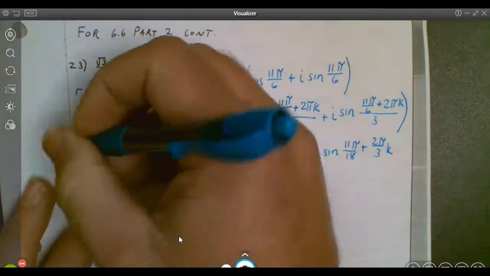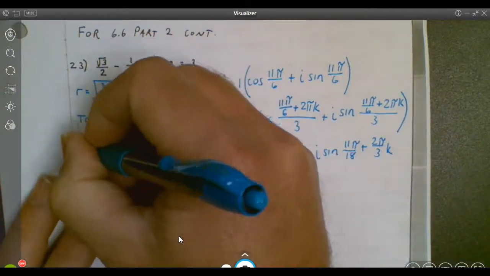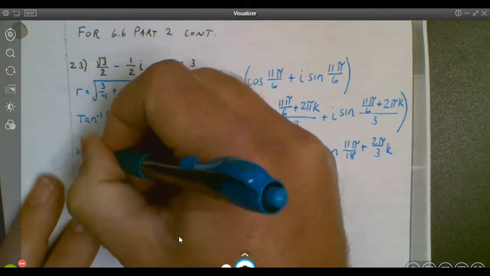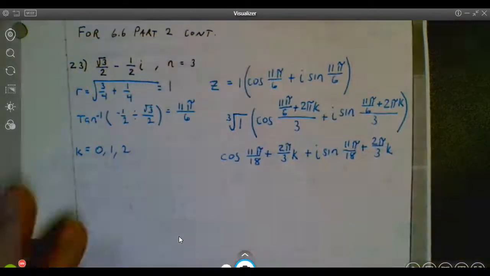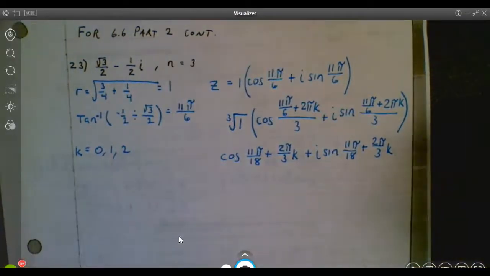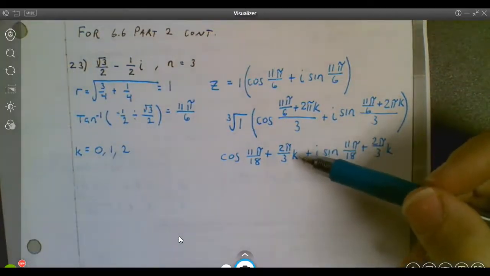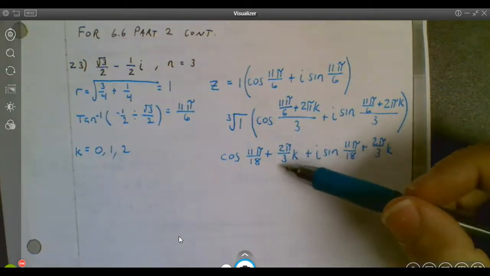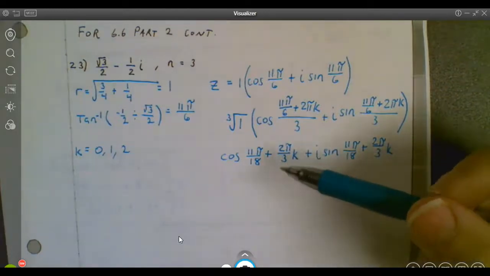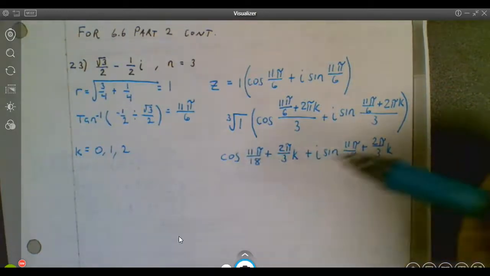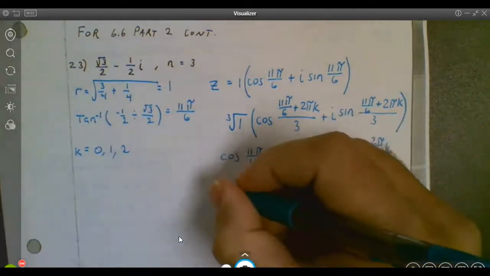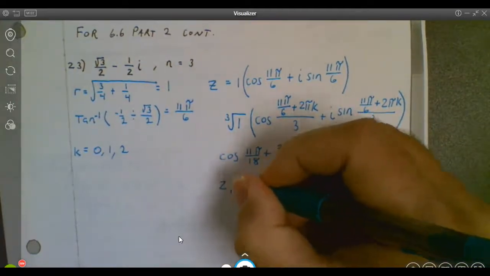So if n equals 3, then we're going to use 0, 1, and 2 for k to get our 3 roots. And we always start with 0 because I want the initial angle. I don't want to take any laps around the circle yet, so I'm going to plug in a 0 for k to zero this out, and so it's just the cosine of 11 pi over 18. Here's my first one.